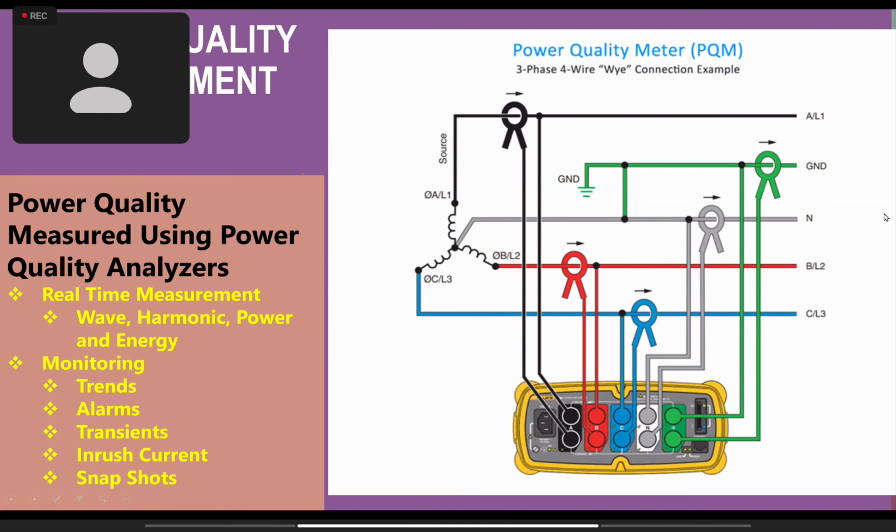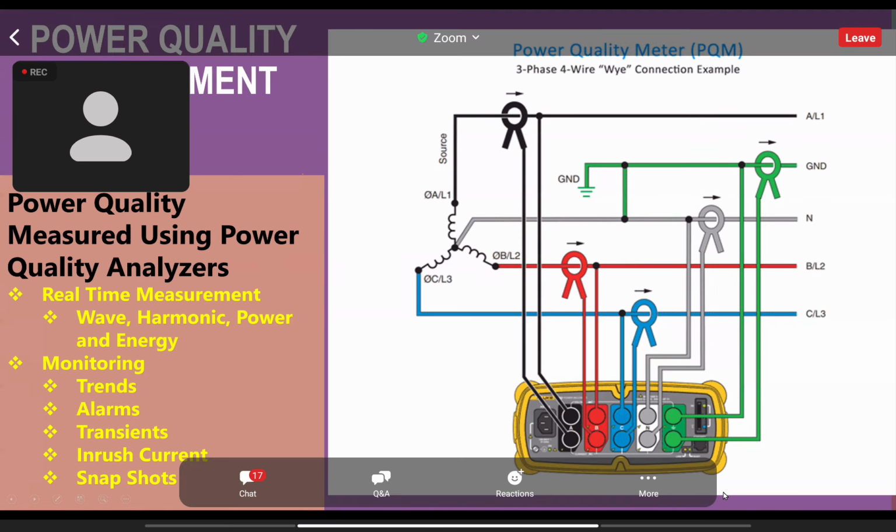So, meron na 3 phases, line 1, 2, 3, and the neutral plus the ground. Using our CT, we measure the phase currents, the neutral current, as well as the ground current. Then you also put the measurement for the voltage sensors in its phases, the voltage to neutral, and the voltage to ground, to earth. So, yun yung kanyang connection.